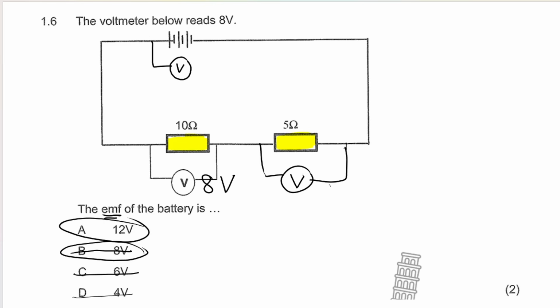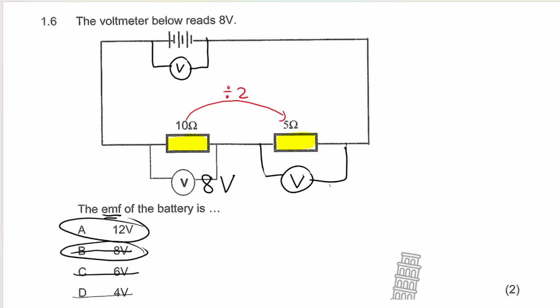So how you would work it out is as follows. We know the voltage across the 10 ohm resistor is 8 volts. Then they give us a 5 ohm resistor. What is the relationship between the 10 ohm and the 5 ohm? Well, the 5 ohm resistor is half the size of the 10 ohm resistor. So you basically divide the resistance by 2. So 10 divided by 2, you get 5 ohms.